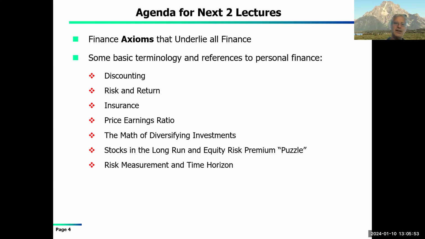And most importantly is understanding the difference between the short term and the long term. There is nothing trivial about time in understanding financial risk. In particular, we're going to spend a good deal of time on what is called the equity risk premium puzzle, which, FYI, is what economists call something when they don't have an answer for what is occurring in the real world. It's a puzzle, and you'll find out what that's all about.